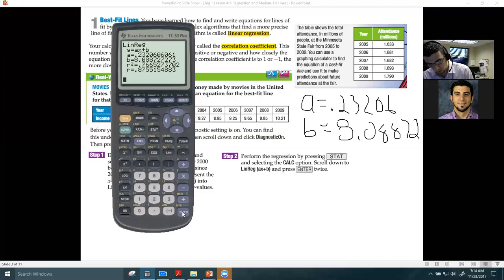This R is the correlation coefficient. You see how it's a decimal, it's positive, and it's kind of close to 1. 0.8755 is pretty good. That means the linear regression line, the line of best fit, is going to be a pretty good model and predictor of attendance given the data that we have.